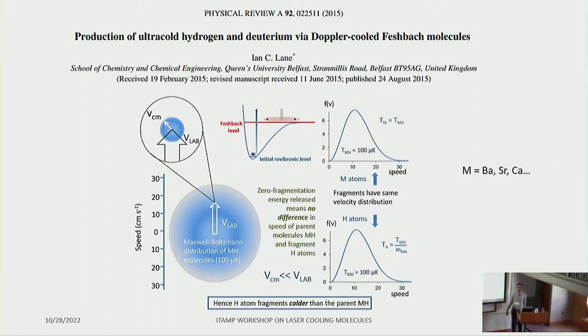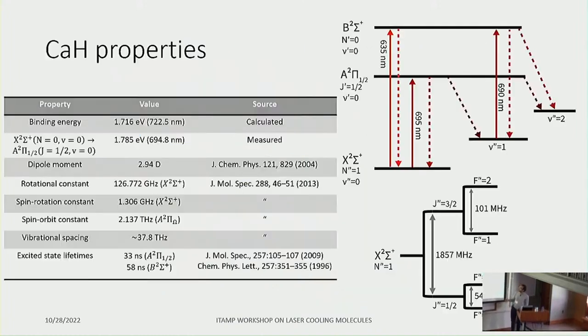The original idea that we came up with is that if you're careful about the fragmentation energy, so you dissociate into the state where the center of mass energy is as small as possible, then the light fragment will not take a ton of kinetic energy, and it would actually be cooled further than the parent, just by the ratio of the mass of the parent molecule.